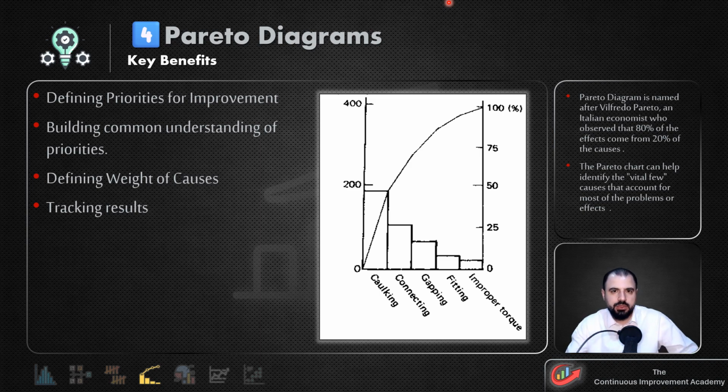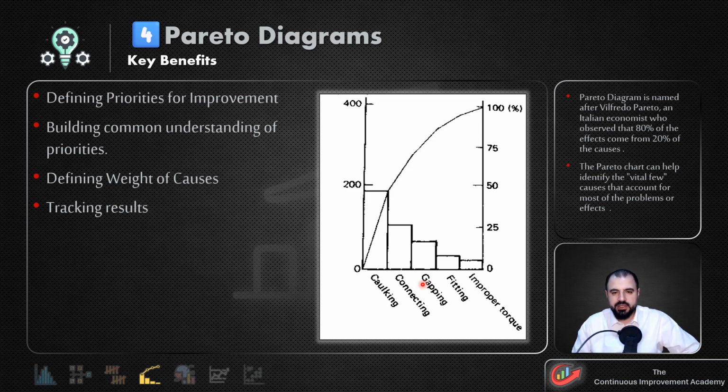So the Pareto diagram helps us, as we spoke, define the priority for improvement, and it also helps create a common understanding of priorities, so that when you discuss any issues with your team or with specific stakeholders, you have an objective way of identifying the priorities for improvement.